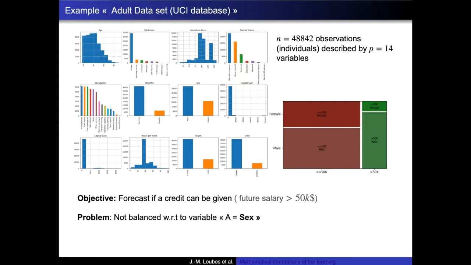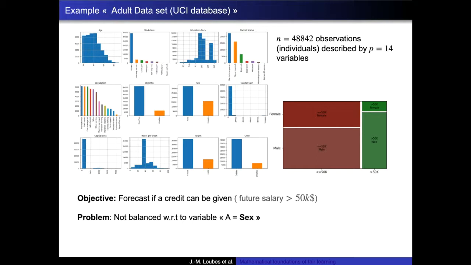To minimize the risk, banks want to be able to predict if someone has the possibility of having what is called a high salary, and high salary is greater than $50k. For that, you have lots of variables: the age, working class, education number, and many more. And among them, you have the sex variable.